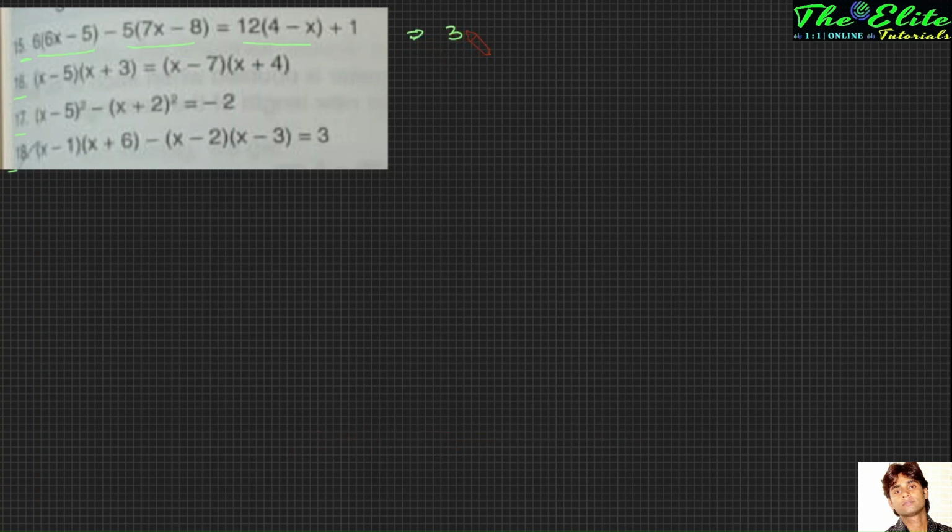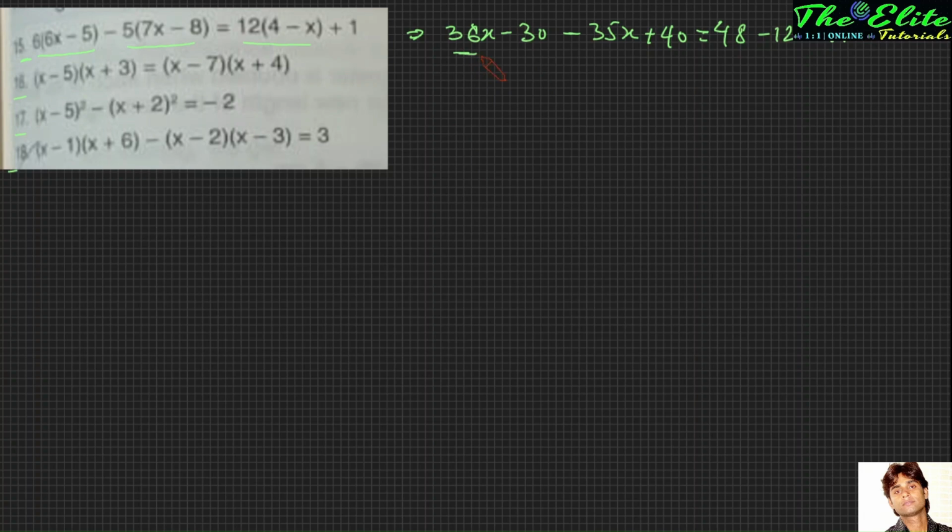We will be having 36x and then minus 35x plus 40 is equal to 48. It will be minus 12x and then plus 1 is alone. So this will be the scenario.